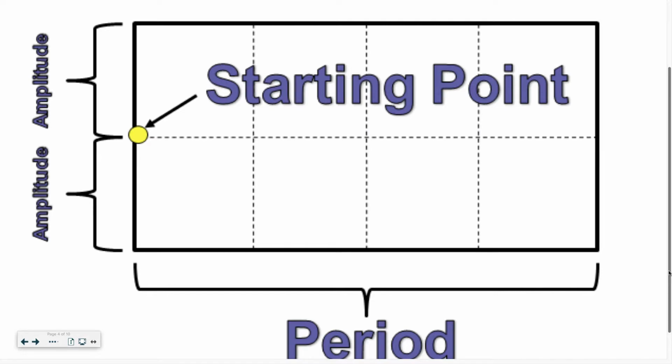Go ahead and draw it, labeling period and the amplitude with all of those marks, so that when we draw the frame, you know this is what it needs to look like.